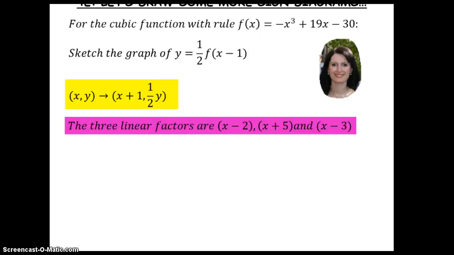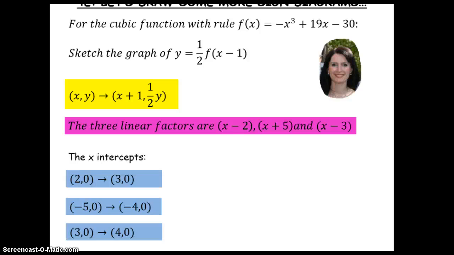Now we know that the three linear factors are x minus 2, x plus 5, and x minus 3. Therefore, from our previous graph where we sketched negative x cubed plus 19x minus 30, the x-intercepts are (2, 0), (negative 5, 0), and (3, 0).